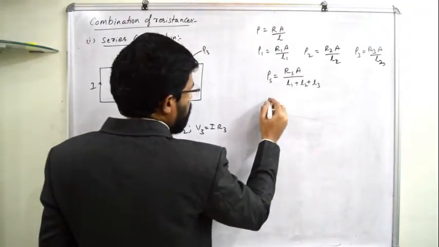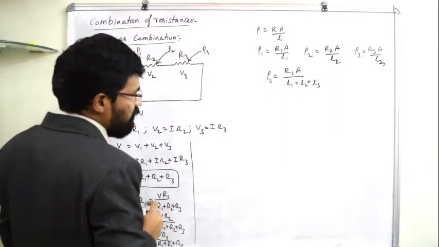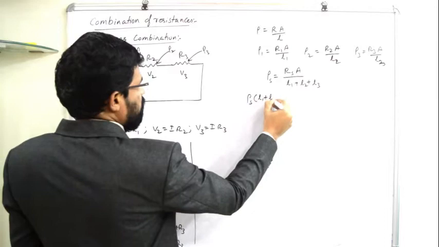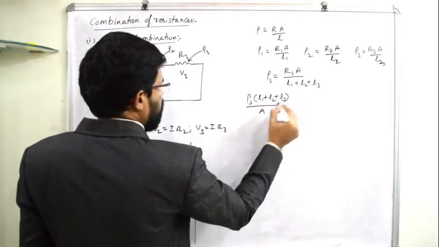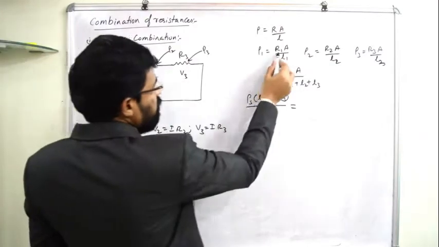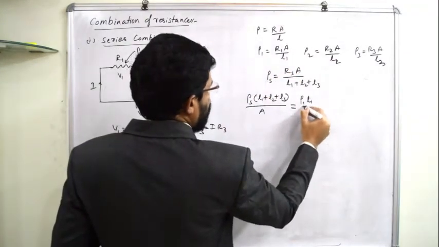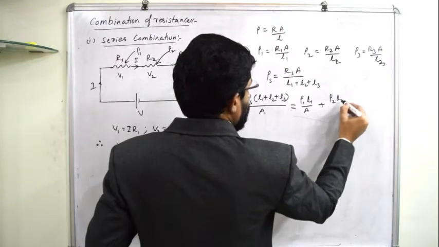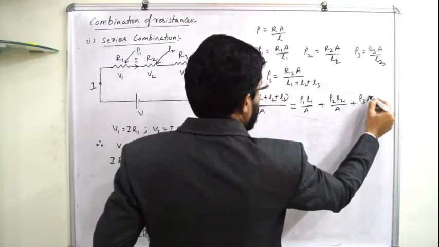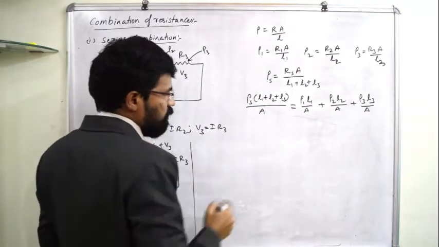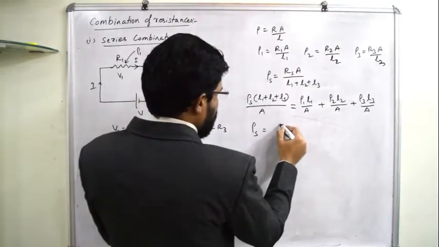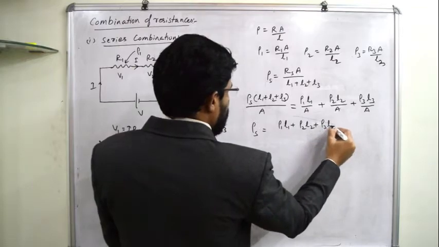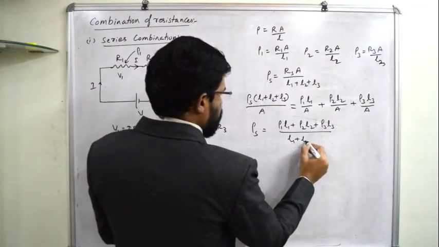Rs can be written as rho s into L1 plus L2 plus L3 by A. So I will replace Rs with rho s into L1 plus L2 plus L3 by A, equal to R1 replaced with rho 1 L1 by A, plus rho 2 L2 by A, plus rho 3 L3 by A. Here you can take out A common and cancel it, and finally rho s comes out to be rho 1 L1 plus rho 2 L2 plus rho 3 L3 by the total length L1 plus L2 plus L3.